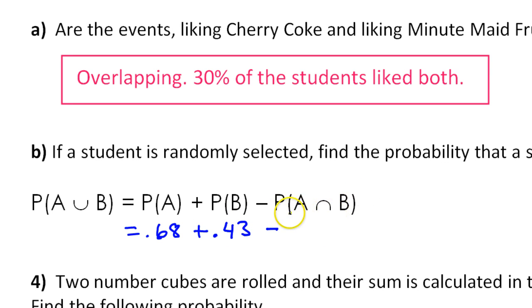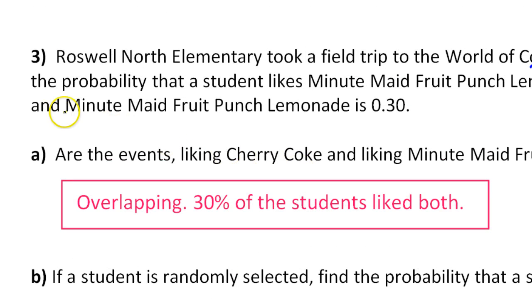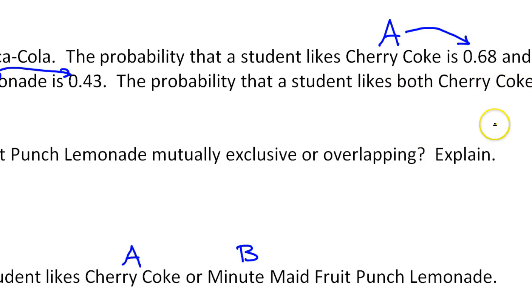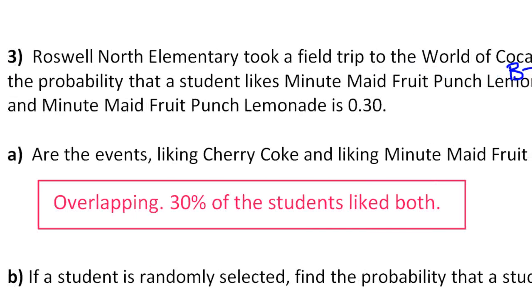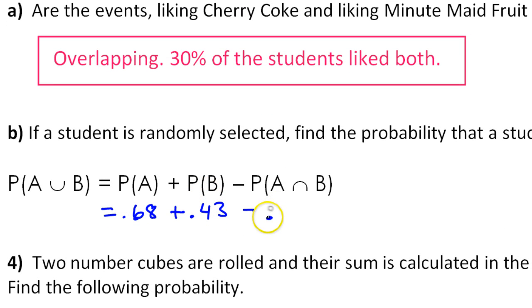Do we know the probability of them liking Cherry Coke and the lemonade? I guess I have to scroll back. The probability that a student likes both Cherry Coke and Minute Maid Fruit Punch Lemonade is 0.30. So they gave us the overlap right there. They gave us the probability of A and B is 30%. I guess we already wrote that down ahead of time, so 0.30.